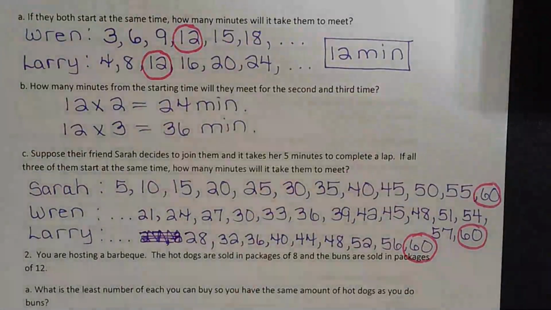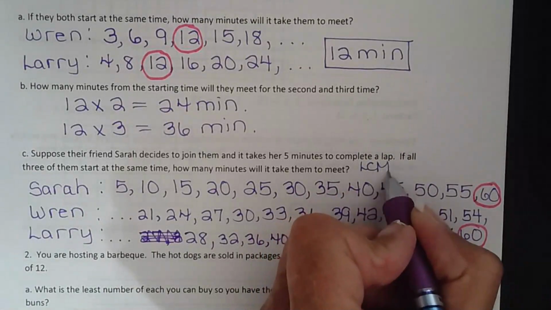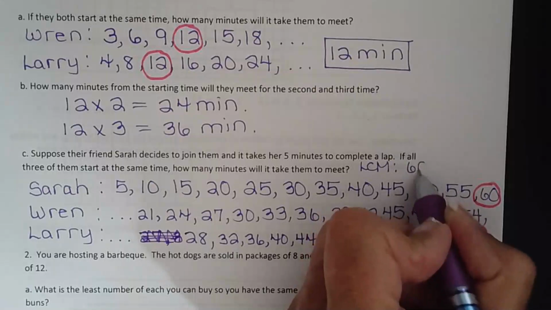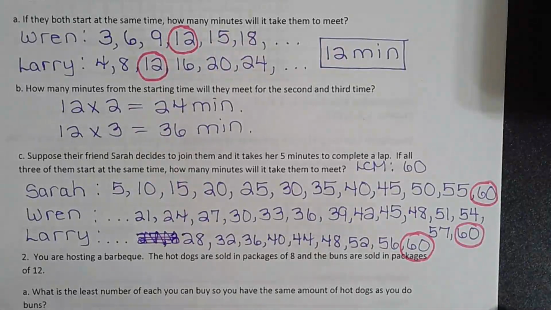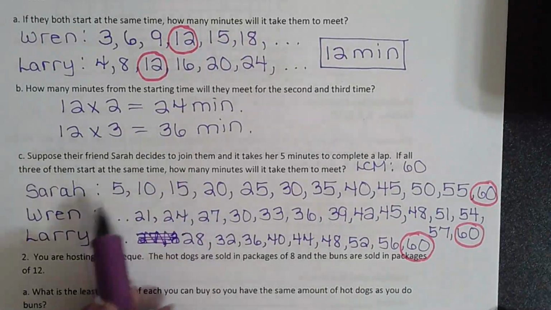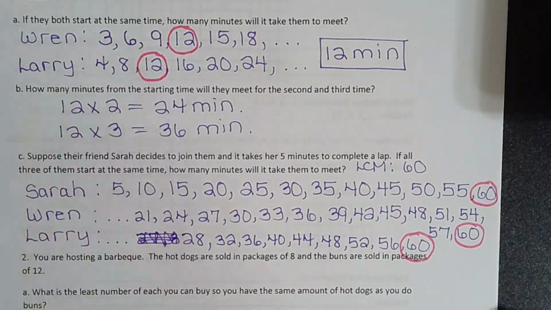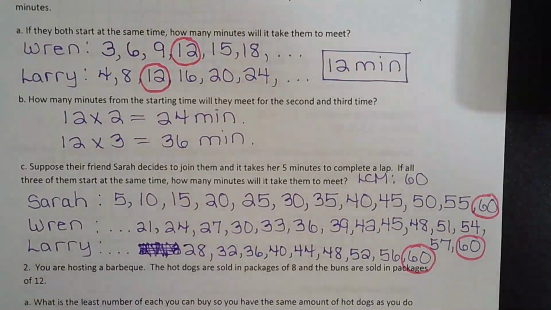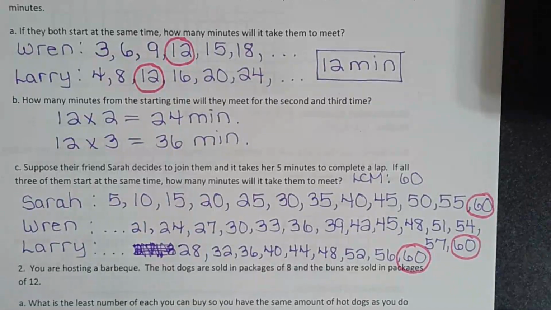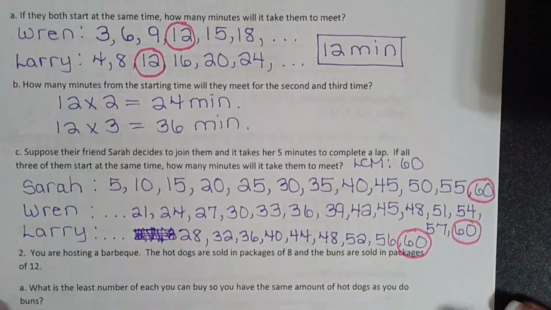So the LCM is 60, the smallest number that they all go into by multiplying. 5 times 1, 5 times 2, 5 times 3, just like we did 3 times 1, 3 times 2, and so on. So you can see when we add a third number, it gets pretty busy, and this takes a long time to do. So on the next pages, I'll show you a little bit simpler method to do that.